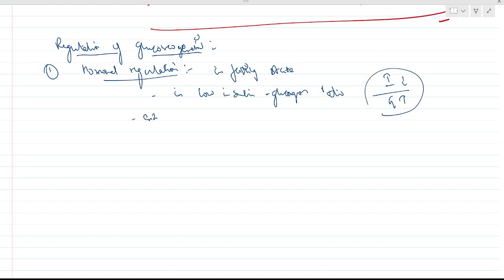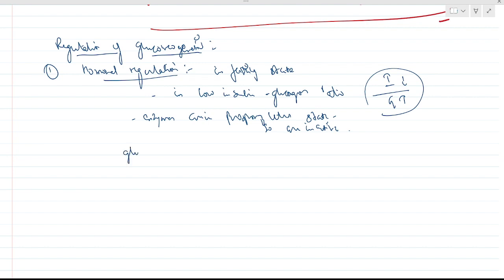Here the glycolytic enzymes are in a phosphorylated state, so they are inactive.